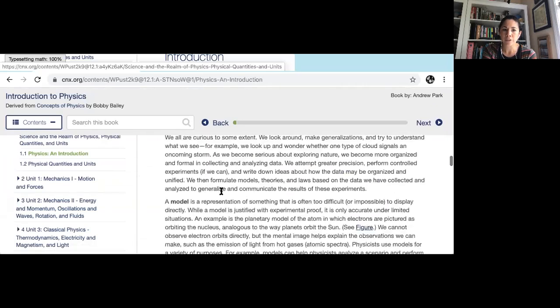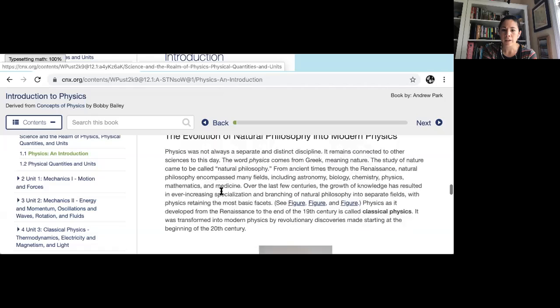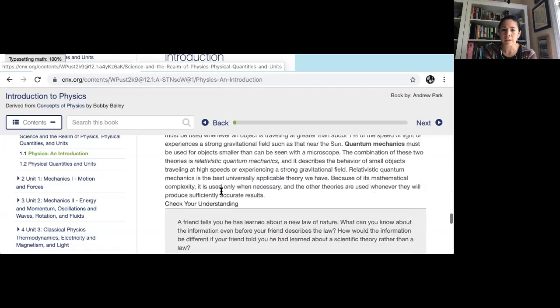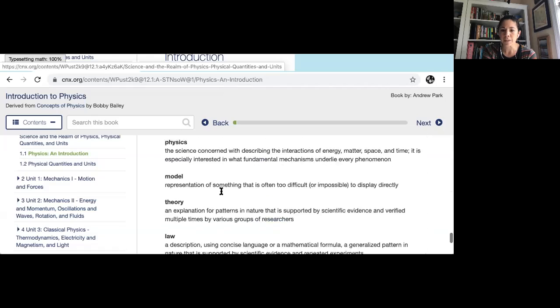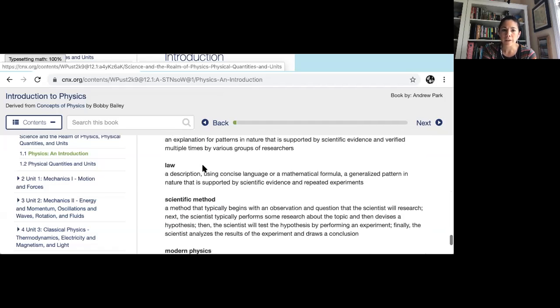And I encourage you to take a look at the glossary at the end of the sections. So over here, you can see that you'll find a definition for any of the terms that you are not familiar with.